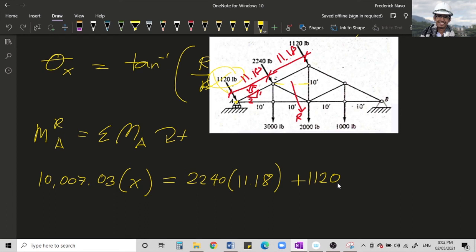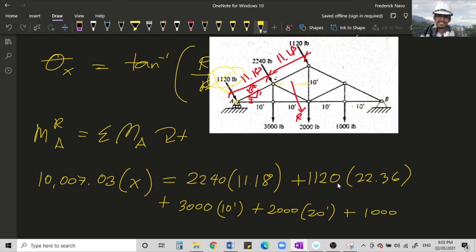That is 22.36. Okay? 22.36. Plus, the three forces at the bottom will also rotate. So, that will be equal to plus 3,000 multiplied by 10 feet, plus 2,000 multiplied by 10 plus 10, that is 20 feet, and plus 1,000 times 30 feet. Okay.